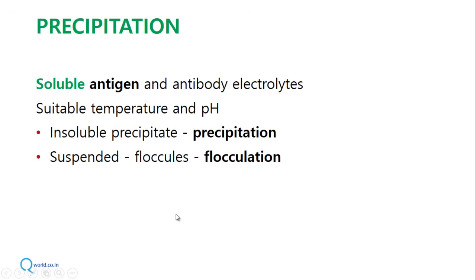Now, what do we understand by a precipitation reaction? When a soluble antigen reacts with its antibody in the presence of optimal temperature, optimal pH, and optimum electrolyte level, it leads to formation of antigen antibody complexes in the form of either an insoluble precipitate band if gel is there, or insoluble precipitates in liquid, or it will also form floccules if it remains suspended.